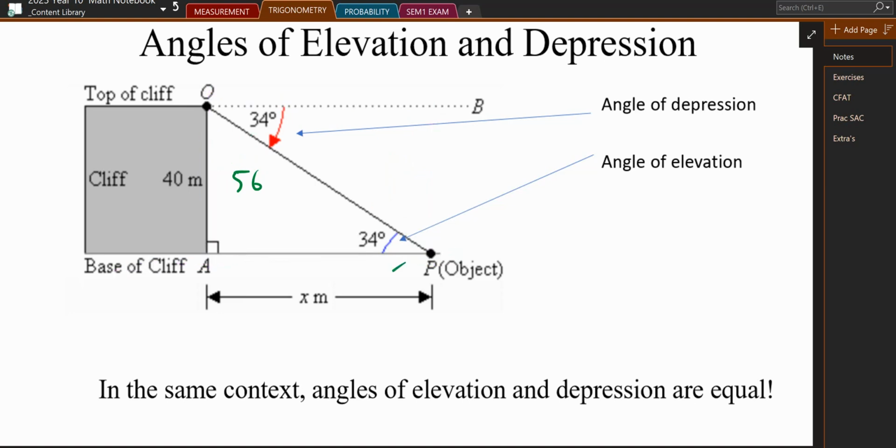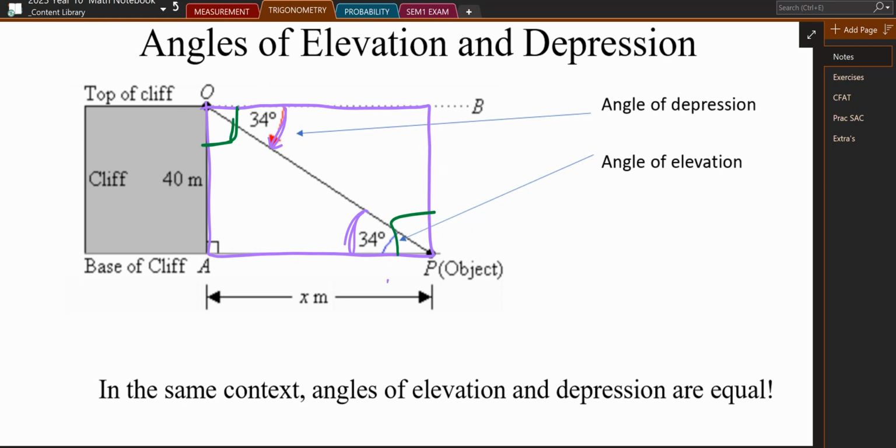When it comes to angles, you'll find that if the angle of depression here is 34 degrees, it will be equal to the angle of elevation down here from the point of view of whatever the object is. And similarly, you can make a rectangle there, and remember that the corners of the rectangle equal 90 degrees.